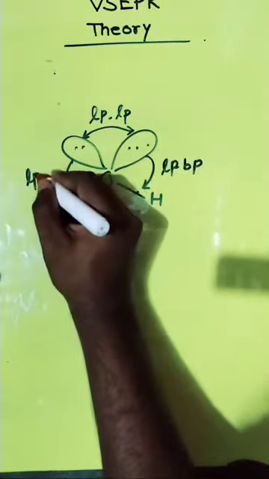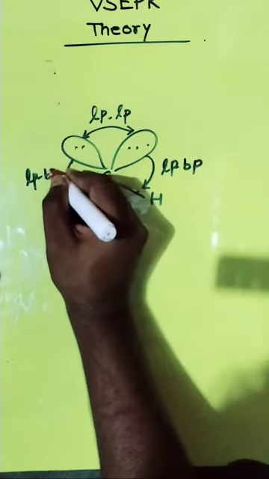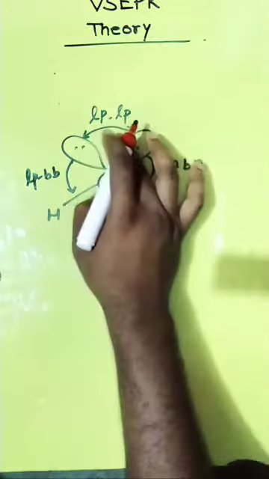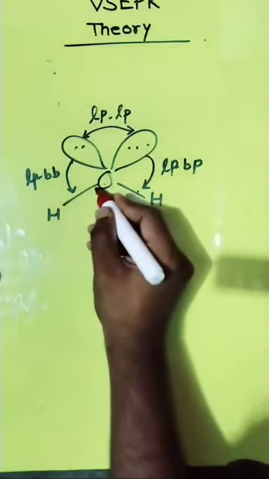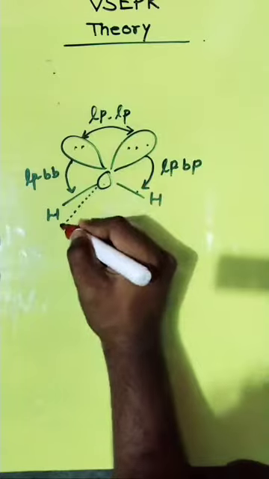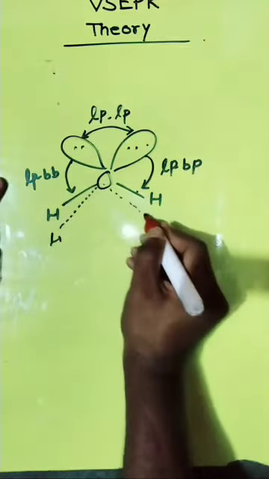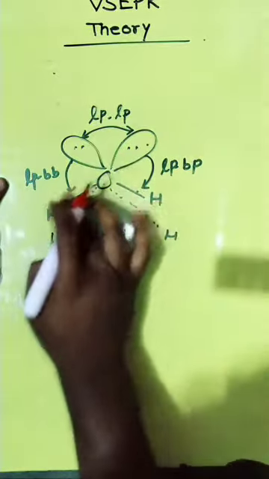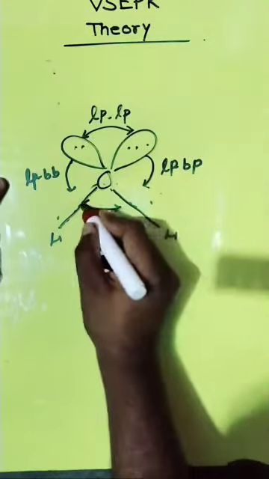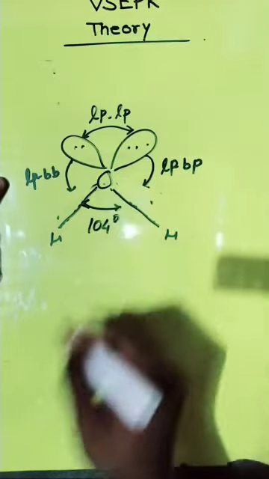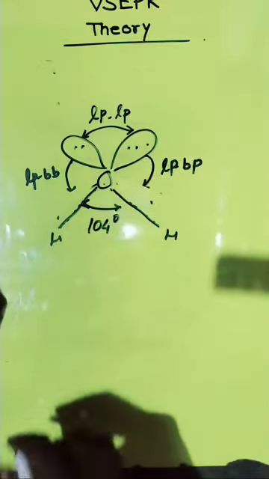Again, there is also a lone pair bond pair repulsion force, and due to this lone pair repulsion and lone pair bond pair repulsion, the oxygen hydrogen bonds come slightly closer to each other. Therefore, the bond angle is reduced, and the actual bond angle of the water molecule is 104 degrees.